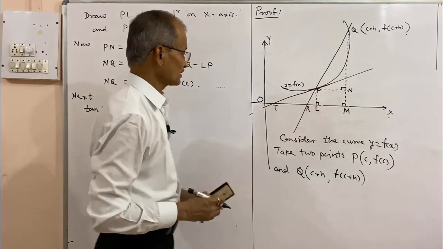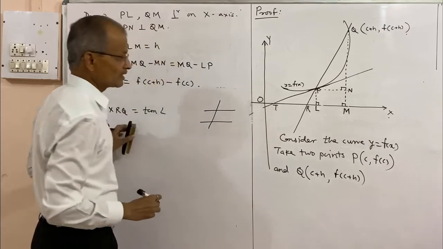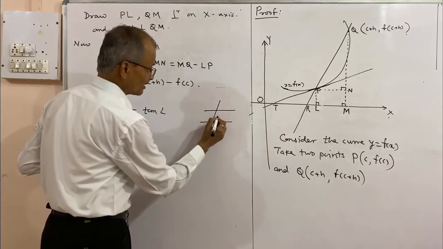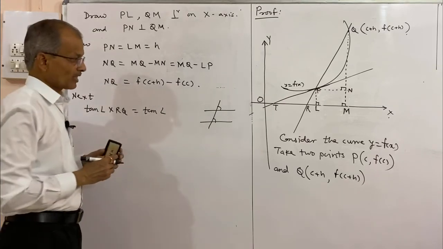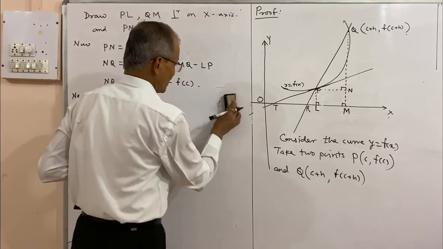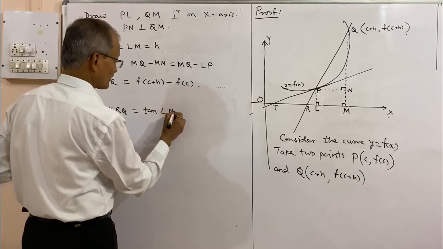These two angles are the same, equal corresponding angles by transversal line.